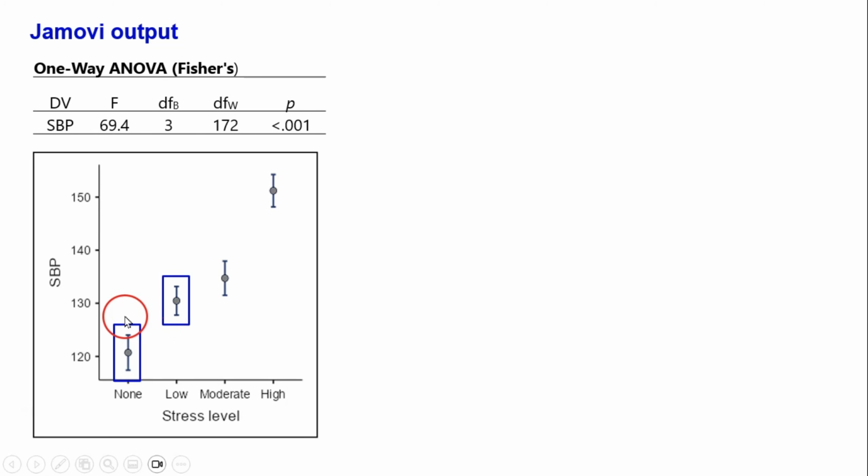So there's no overlap here between these two intervals, and that's a very good indication that we have a statistical difference between those average systolic blood pressures. Let's take a look at the ESCI output now and see what that tells us.